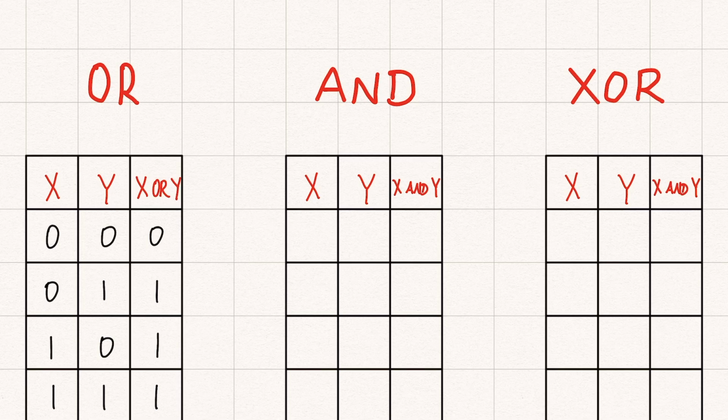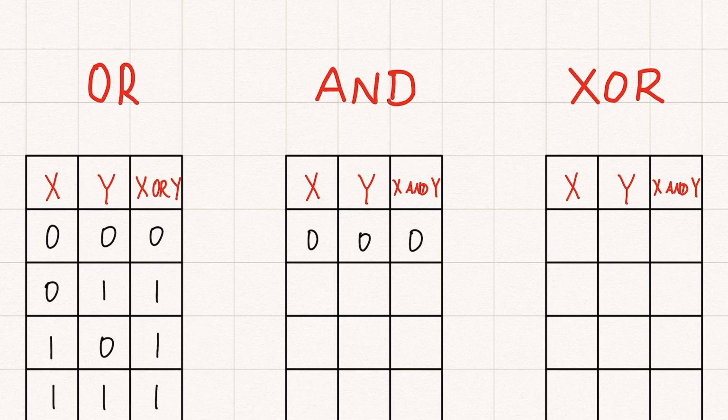Now let's move on to the AND logic operator. What the AND logic operator says is the value will only be true or high or 1 if both inputs were true or high or 1. So we can have x as 0 and y as 0, in which case they are both not 1, so the value cannot be 1 and must be 0.